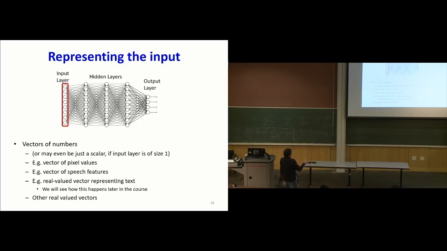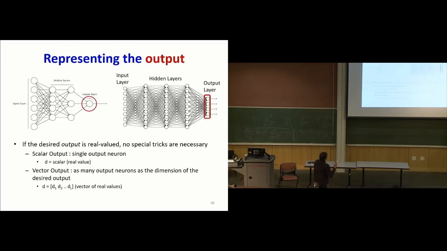The inputs are going to be vectors of numbers, or it could even be a scalar, just a single number. For example, these could be pixel values in an image, or vectors of speech features derived from a speech signal, or a real valued vector representing text. We will see in a later class how you can derive real valued vectors to represent text, or any other set of real values.